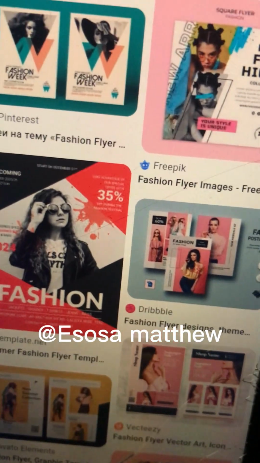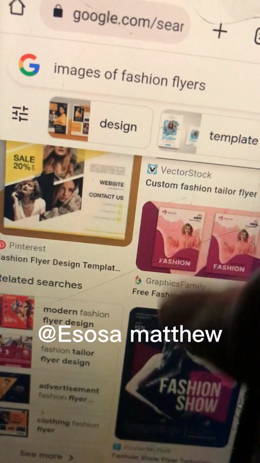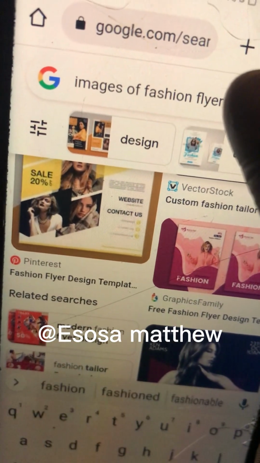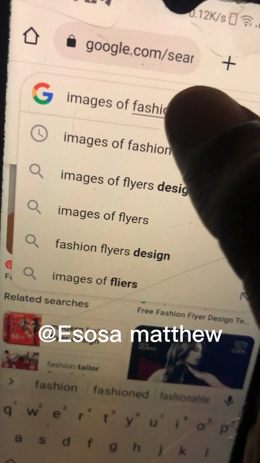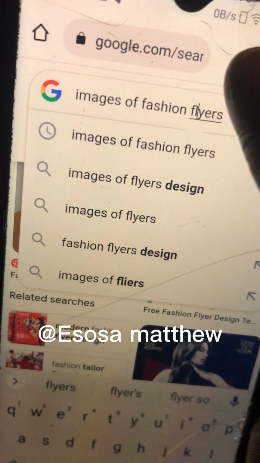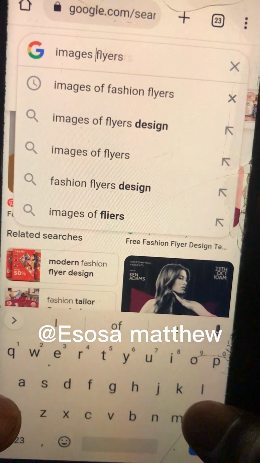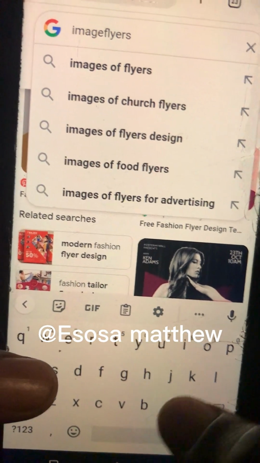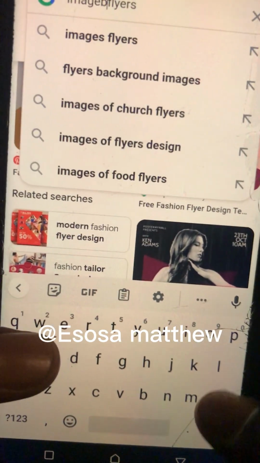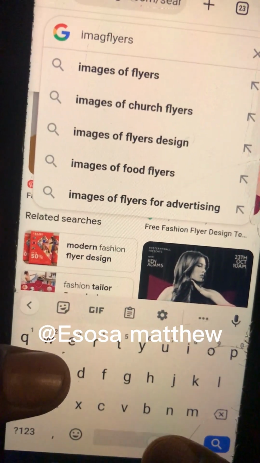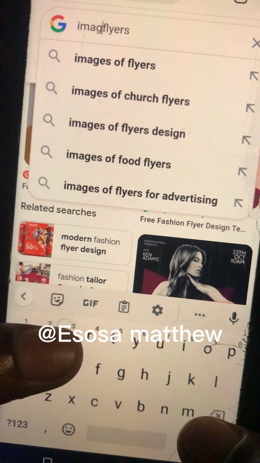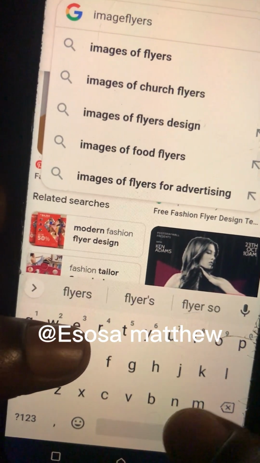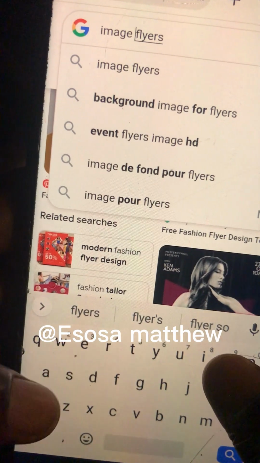All right, so the last type of flyers we're going to talk about is school flyers. These are examples of flyers that may be printed or created in the format of handbills or digital flyers.